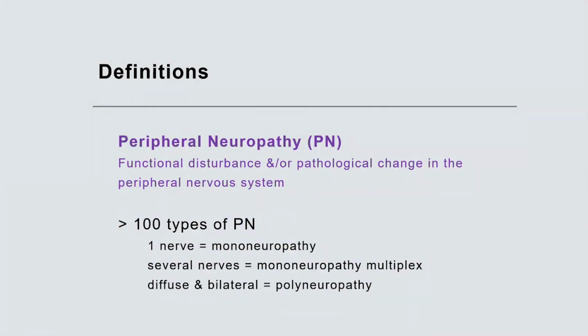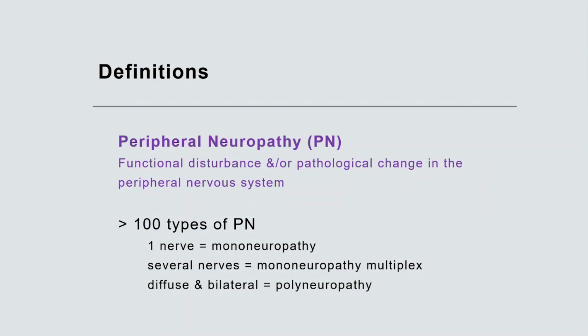So that can range from one nerve being affected, which we call a mononeuropathy, to several nerves being affected, which could be mononeuropathy multiplex. And in the case of diabetes, it's diffuse, it's bilateral, it is a polyneuropathy. So poly meaning multiple, neuro meaning nerves. So multiple nerves are affected and multiple nerve types are affected.